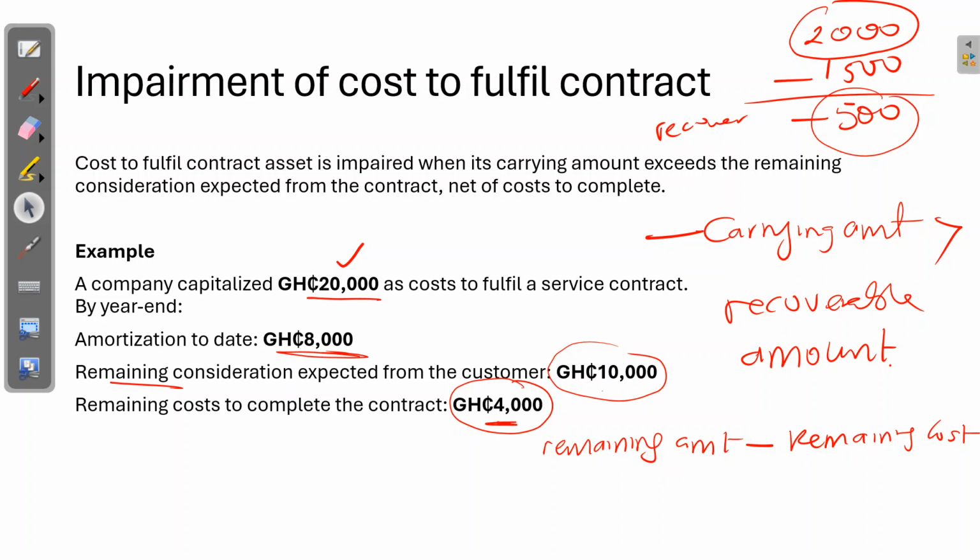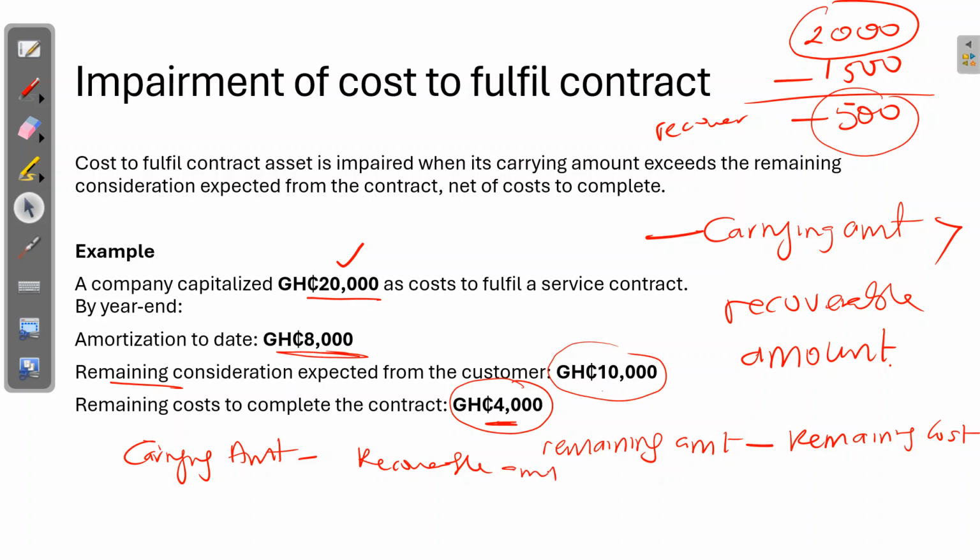It means that of this 2,000 you are going to get, at the end of the day, this is what you will get. So to determine the impairment, it is the carrying amount minus the recoverable amount.